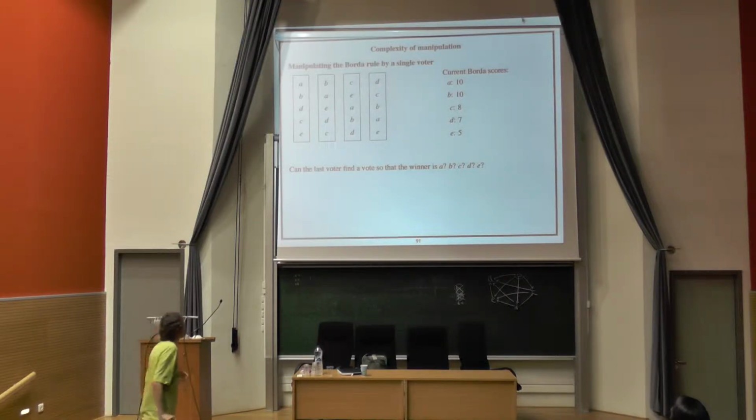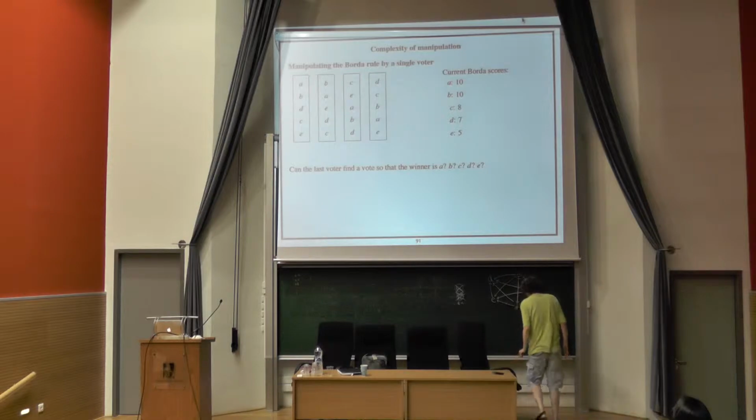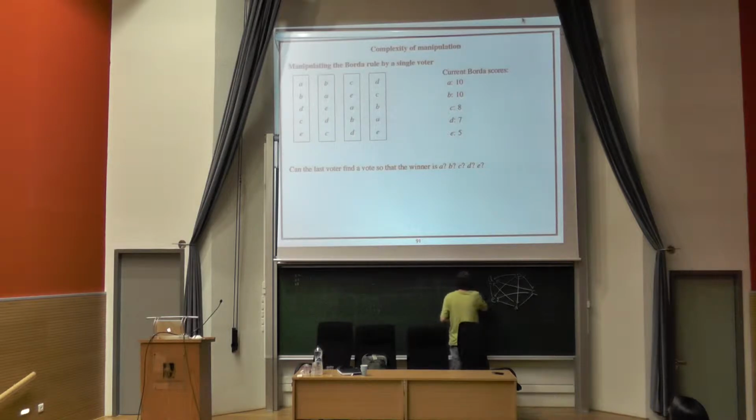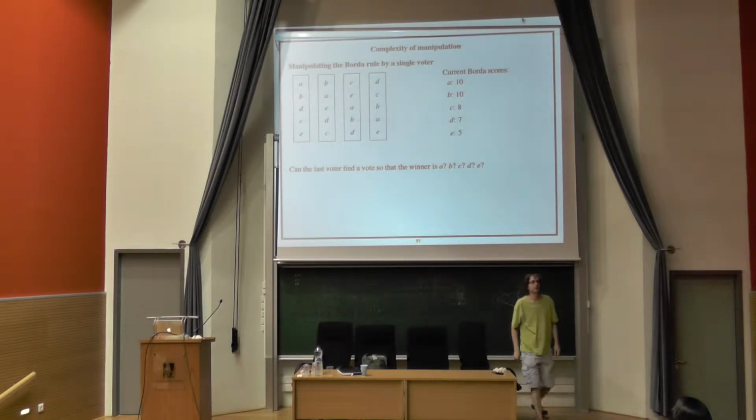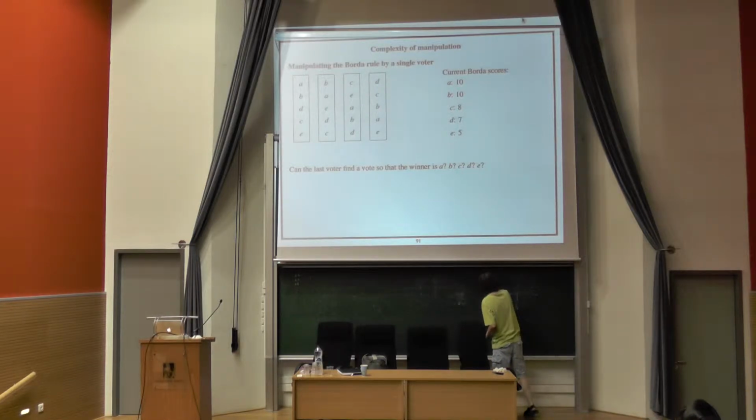And then we ask the same question for the other candidates. So can the last voter, the manipulator, vote in such a way that A is elected? So far the scores are 10, 10, 8, 7, 5.